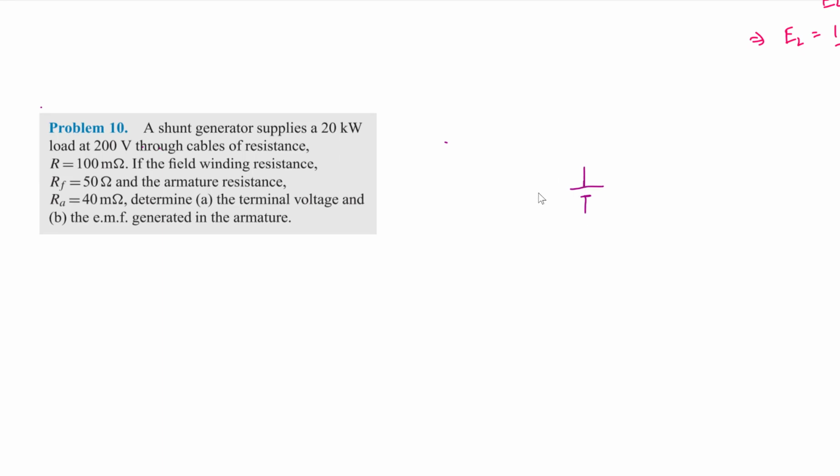This is the generated EMF by the armature, that is EA, and this is the armature resistance RA, which is given as 40 milliohm, which means 0.04 ohm. And the field winding resistance is given as RF, which is 50 ohm.